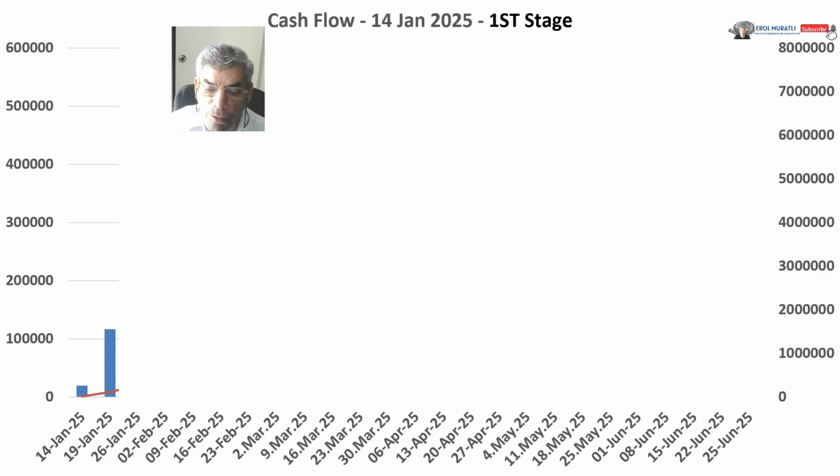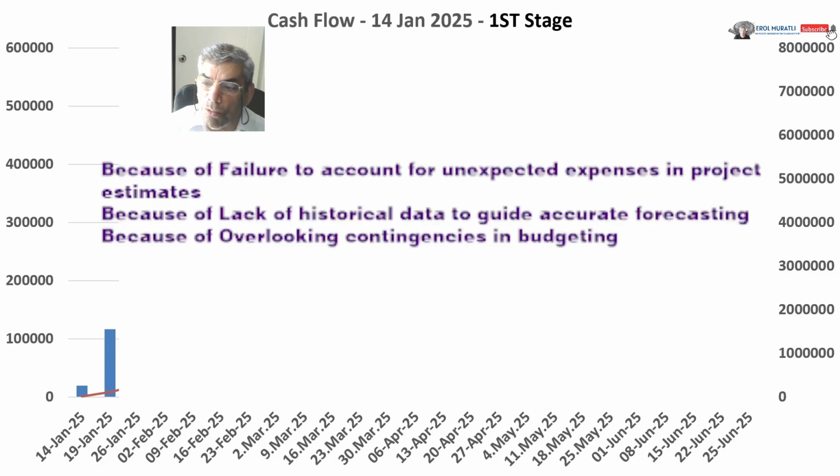The reasons for this are failure to account for unexpected expenses in project estimates, lack of historical data to guide accurate forecasting, and overlooking contingencies in budgeting.